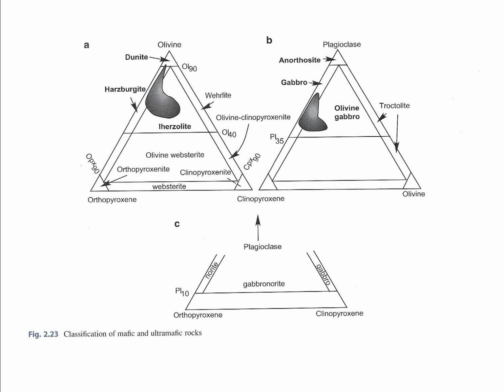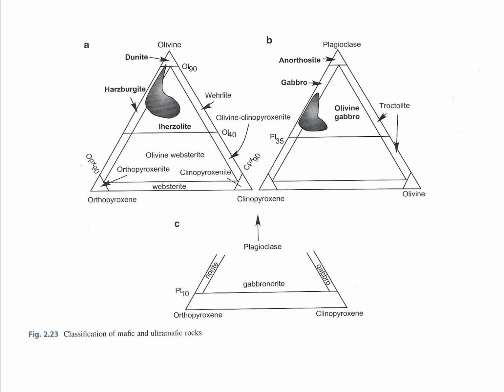Going to the upper right-hand side, we have the triangle for the gabbros. A gabbro is not an ultramafic rock; it is an intermediate rock, but it can also be a mafic rock, depending on the silica concentration. Here we have the three end members, with plagioclase on top.